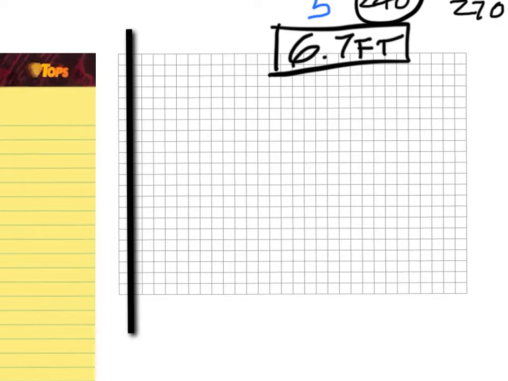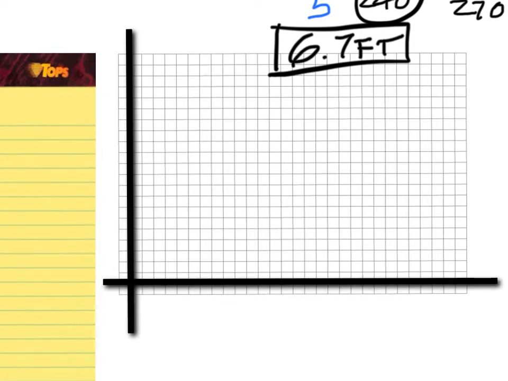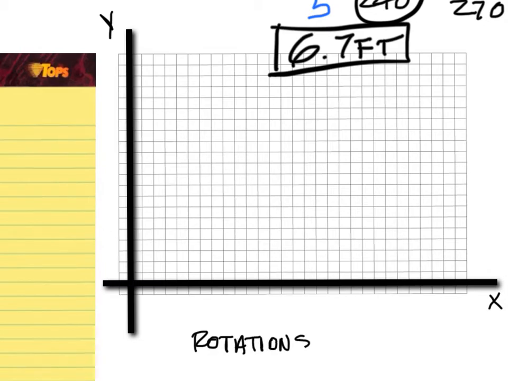So there's my x-axis, and then here is my, oh no, that was my y-axis, and this is my x-axis. Okay, so we have x and we have y. The x-axis is going to be rotations. And then the y-axis is going to be the height.